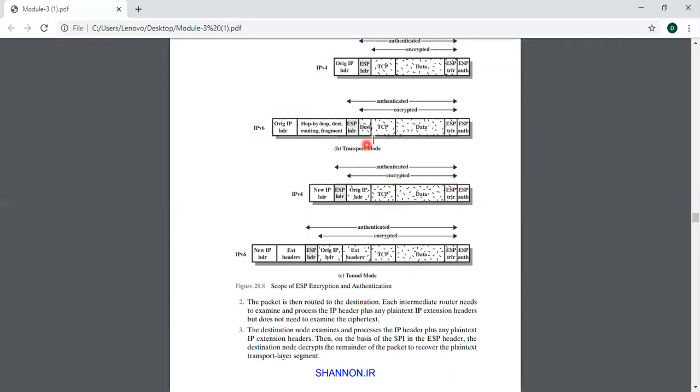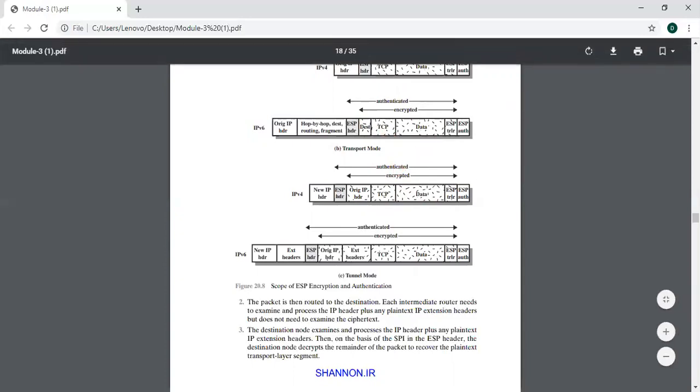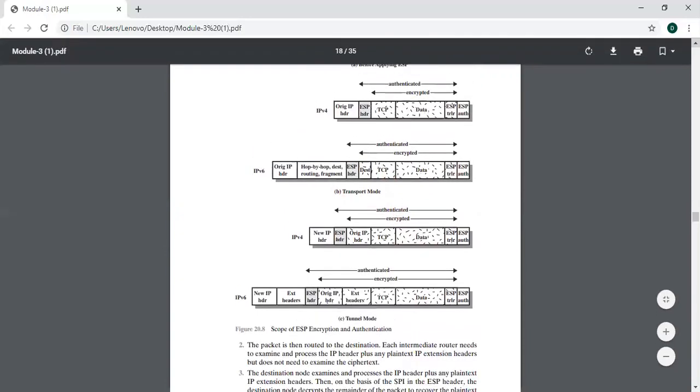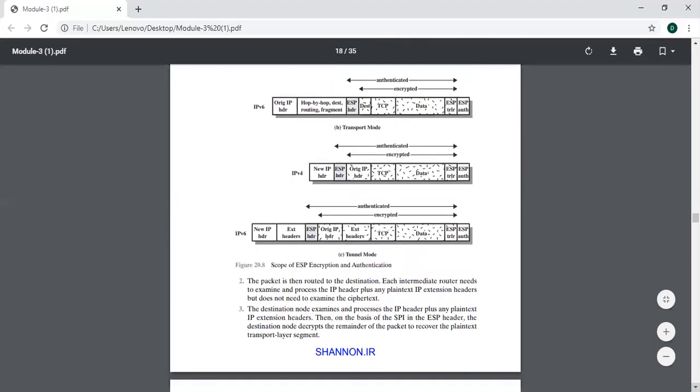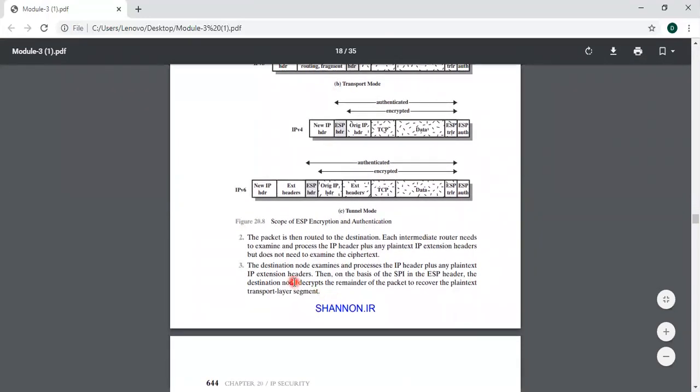That is summarized using these diagrams. Third point, the destination node examines and processes the IP header plus any plain text IP extension header. Then on the basis of the SPI in the ESP header, the destination node decrypts the remainder of the packet to recover the plain text transport layer segment.